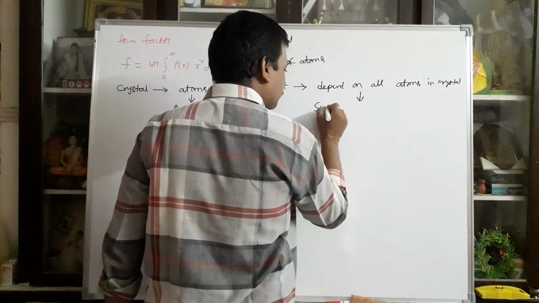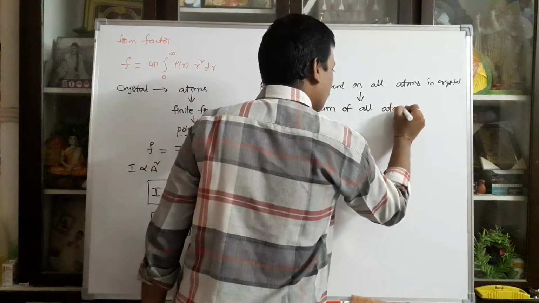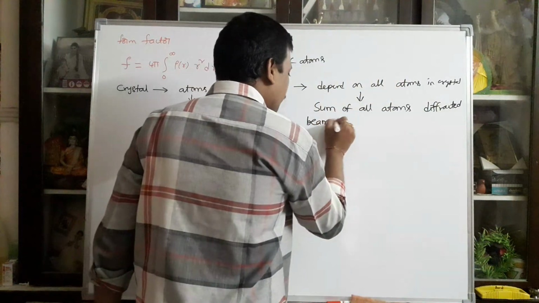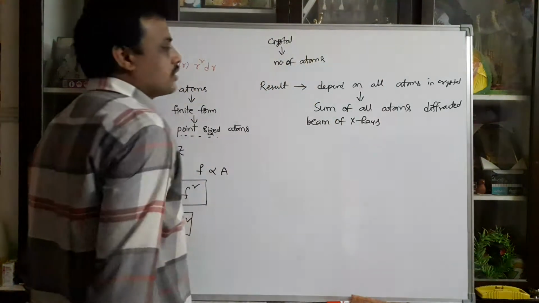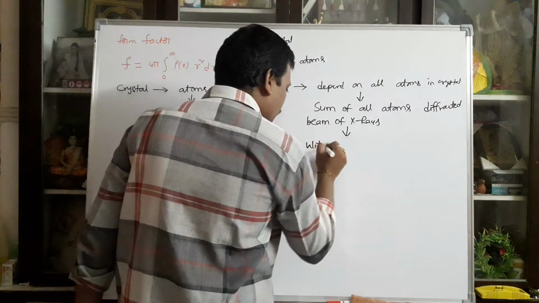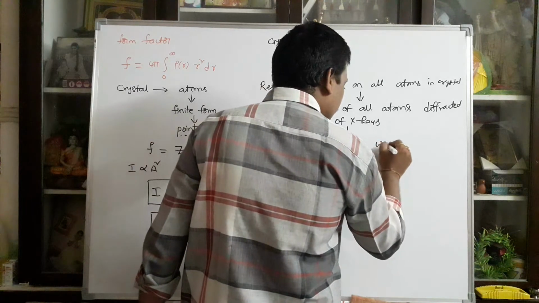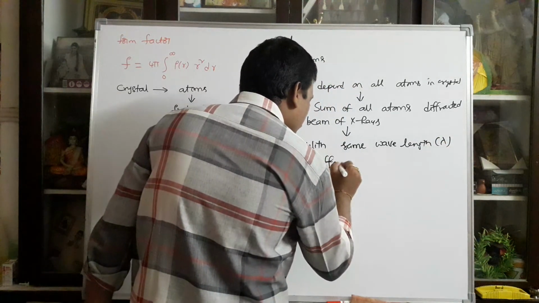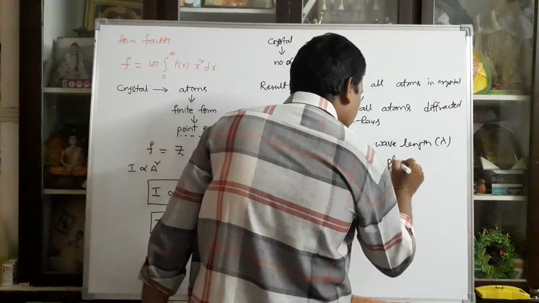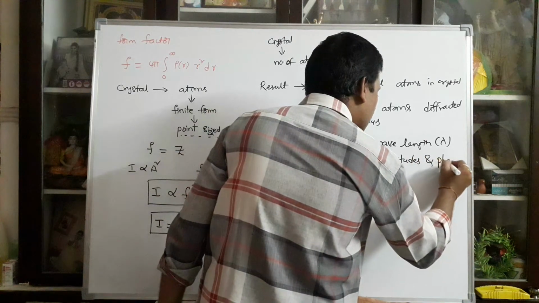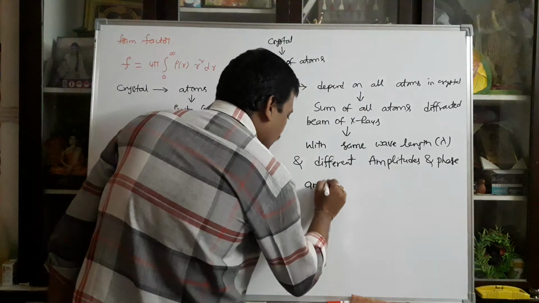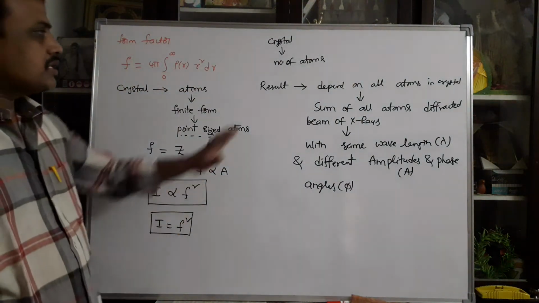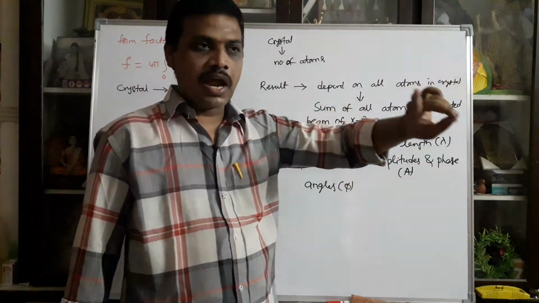That means the sum of all atoms' diffracted beams of X-rays, with the same wavelength lambda but different amplitudes and phase angles, represented by capital A. So the ultimate result depends on all atoms in the crystal, not only on a single atom, 2 atoms or 3 atoms.